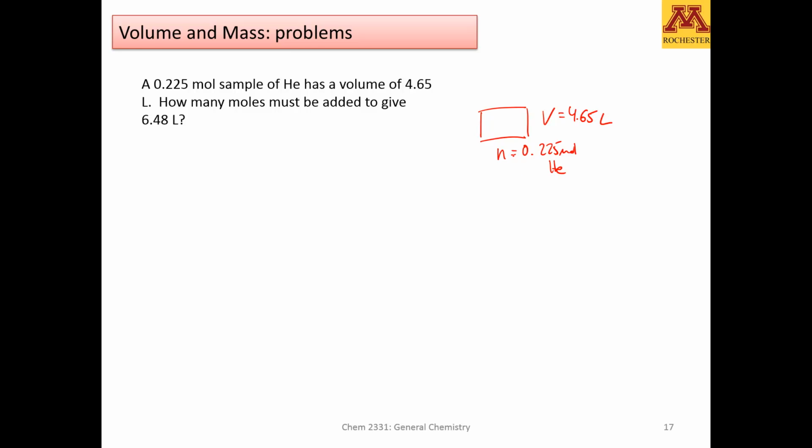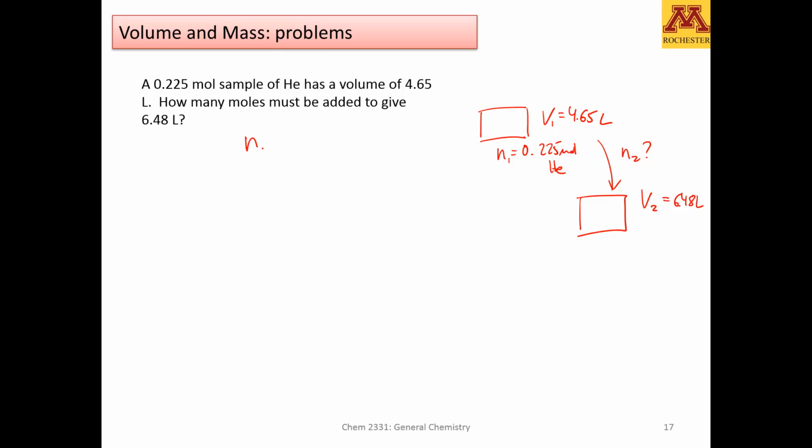This is situation 1, volume 1 and number of moles 1. The question is, how many moles of helium do you need to put in the container so that the volume is 6.48 liters? This will work in a very similar fashion to the Charles' law problem.